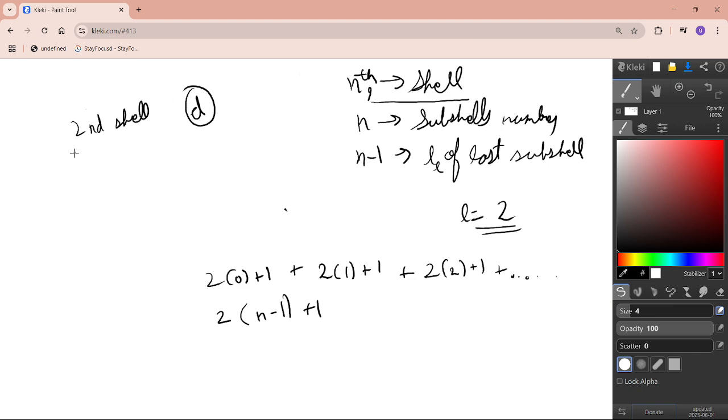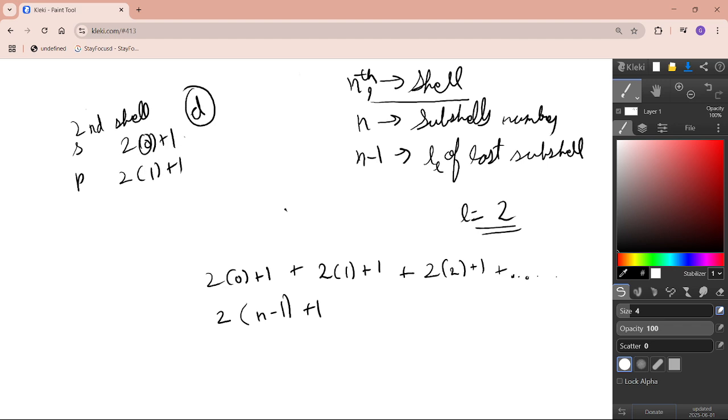So the subshells are S and P. The number of orbitals in S is 2 times 0 plus 1. The number of orbitals in this P subshell is 2 times 1 plus 1. Right. Now if you see how many terms of the 2L plus 1 form there are, there are 2 terms. And what's the last azimuthal quantum number of the last term? It's 1. But we have 2 terms and it's 1.